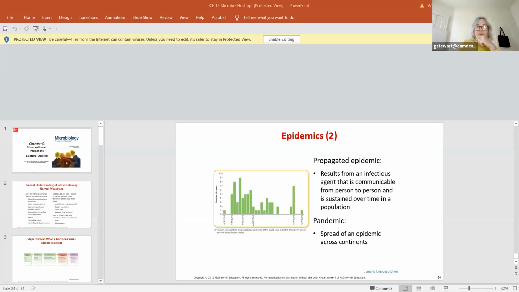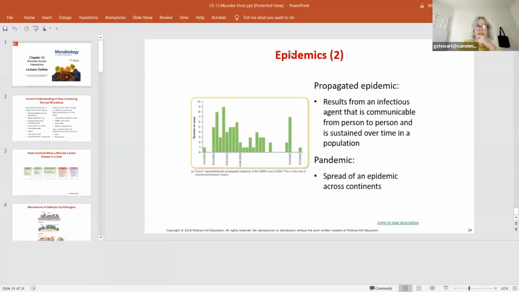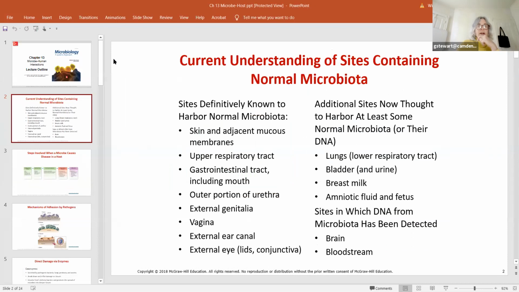All right, so enough about the vocabulary words. Let's start taking a look at some of the important content, high points that I need you to pay attention to for this chapter. And those of you that have already checked this out in the module, you'll be well aware that there is this set of PowerPoints in the module.